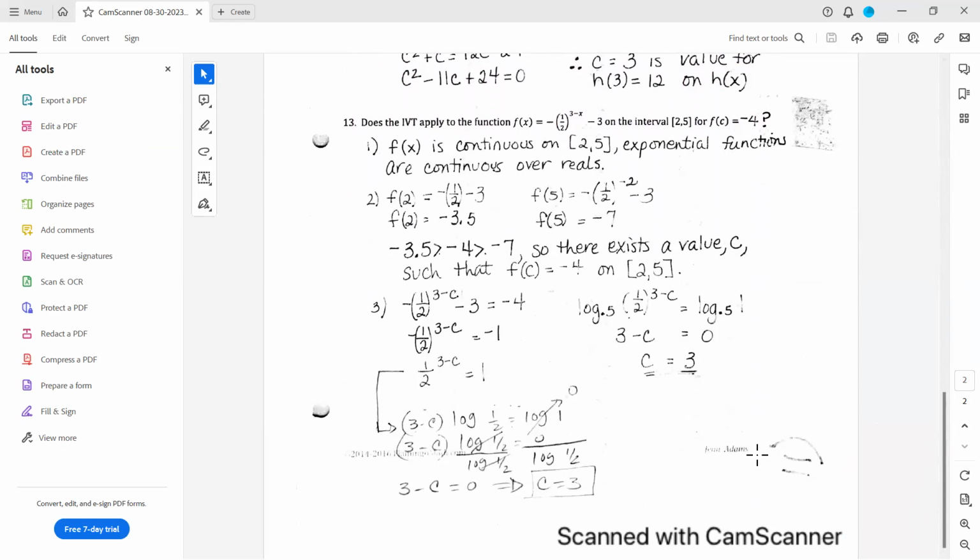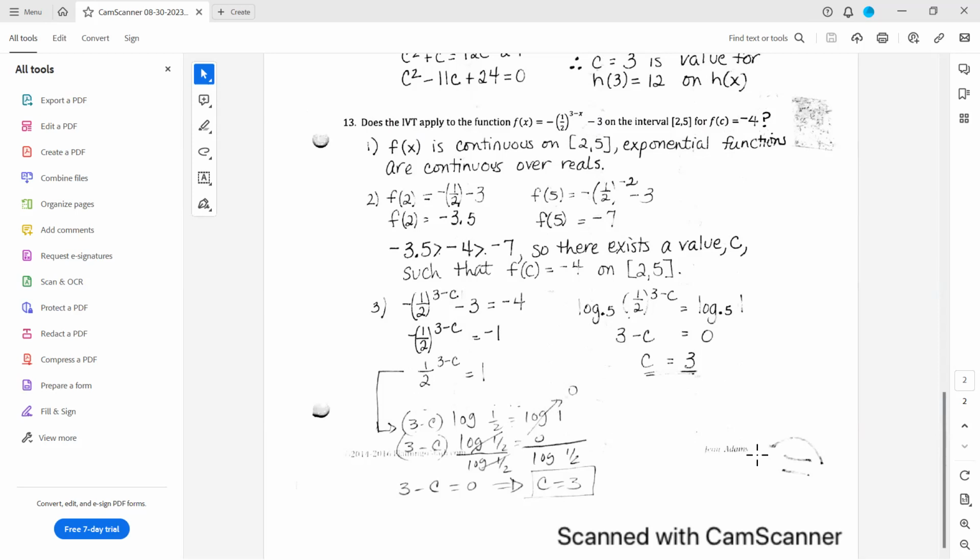Okay. So this is an exponential function. So f of x is equal to -1/2 to the power of 3 minus x minus 3 on the interval from 2 to 5, where f of c is -4.